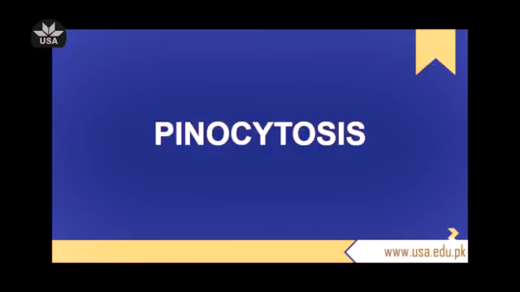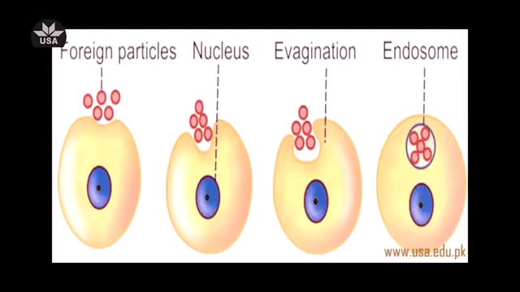What is pinocytosis? Pinocytosis is a process by which macromolecules like bacteria and other antigens are taken into the cell. It is otherwise called cell drinking. The mechanism of pinocytosis involves the following steps. In step 1, macromolecules in the form of droplets or fluids bind to the outer side of the cell membrane.